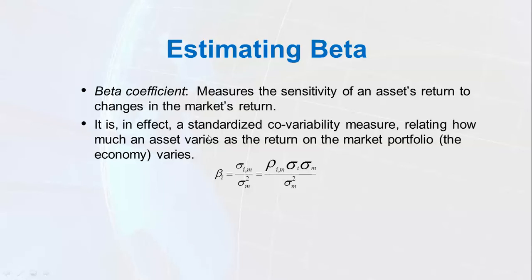You can estimate beta using this formula: the covariance of the stock return with the market return divided by the variance of the market, or the correlation between the stock return and the market return times the standard deviation of the stock return and the standard deviation of the market return, divided by the variance of the market. So you can use this formula to estimate beta.